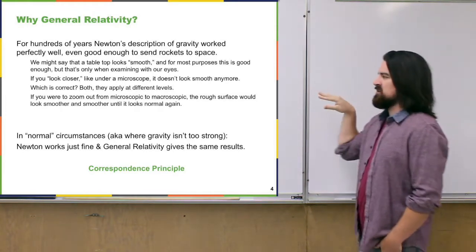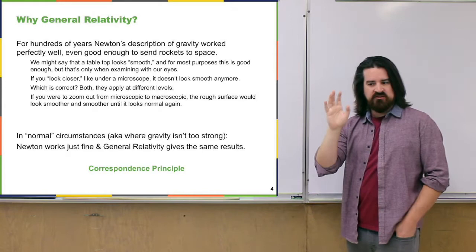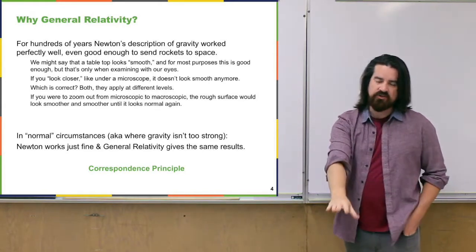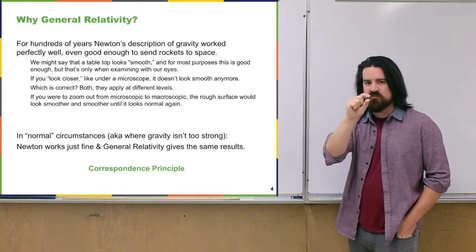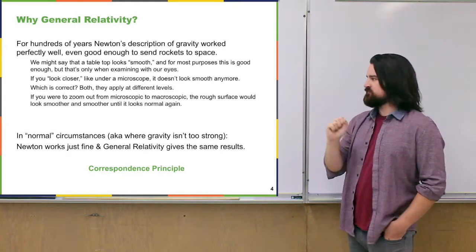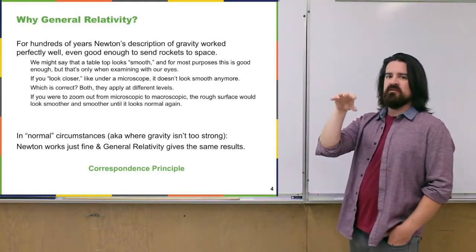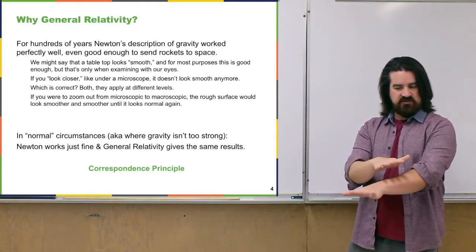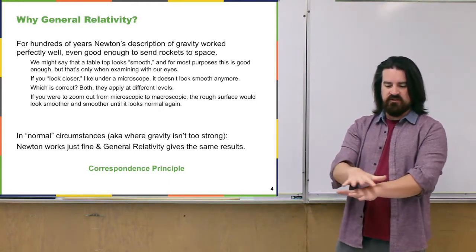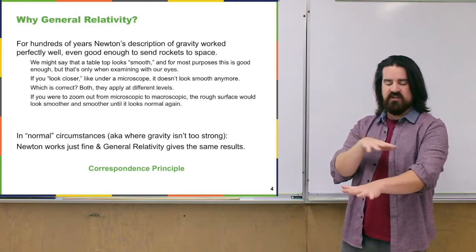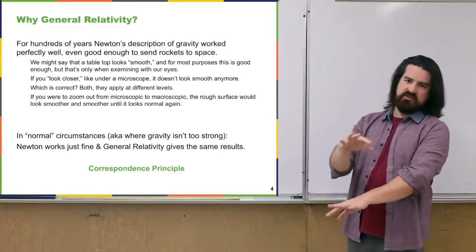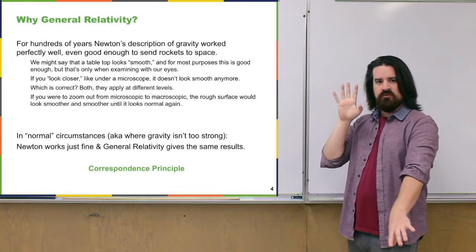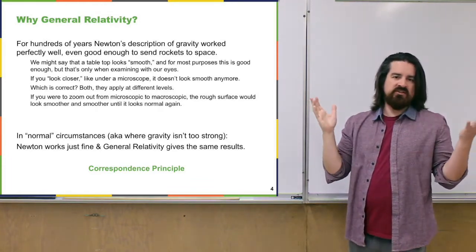So if you were to start at the microscopic scale, somehow able to look very, very closely and see the actual really rough surface on that very small scale of this tabletop, and zoom out, then that roughness is going to slowly smooth out, right? You're going to back up enough where you can't see that stuff as much anymore, and it looks smoother and smoother and smoother, until eventually you zoom out to your normal vision, and it looks entirely smooth again.